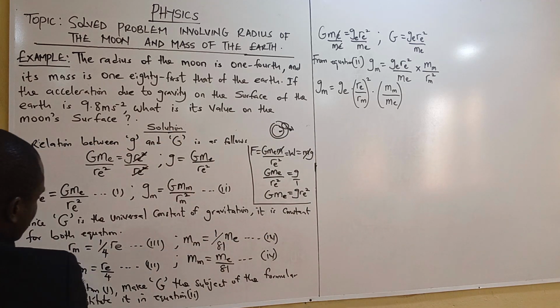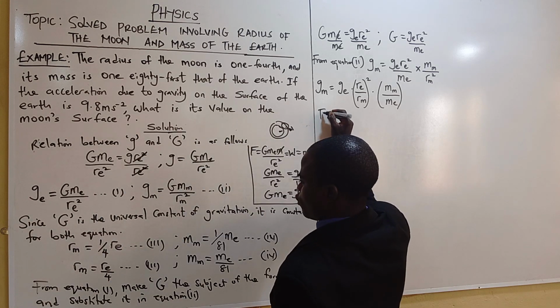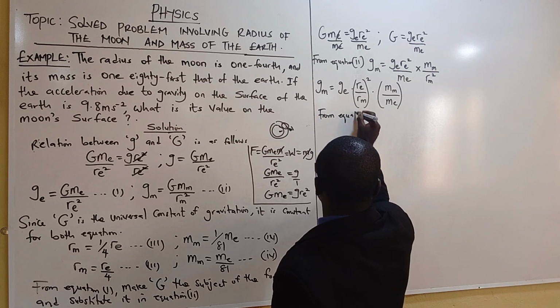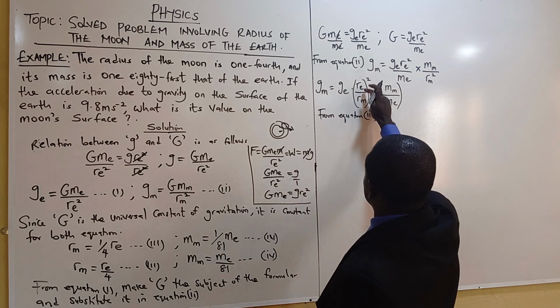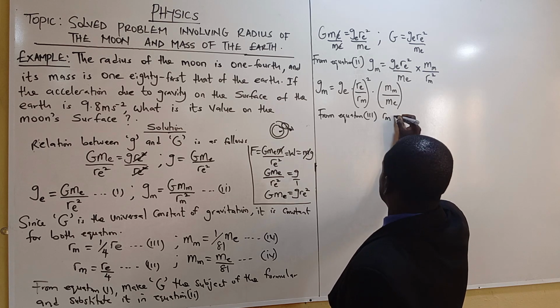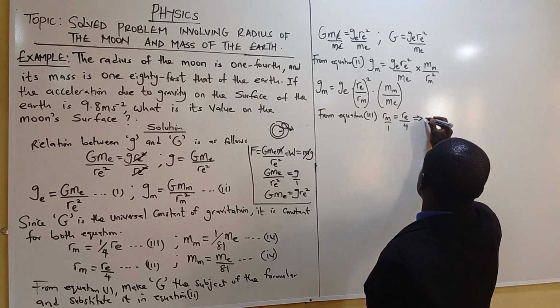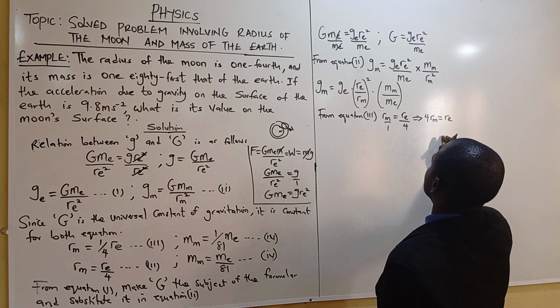Now since we have something like this, do you have R? We now try to make this one the subject of the formula from equation 3, let's get the expression like this. We have R m equals R e over 4 by 1. Let's cross multiply. 4 R m equals R e.